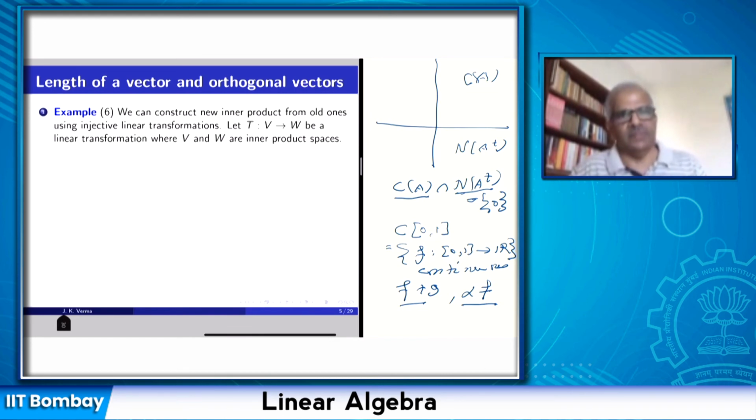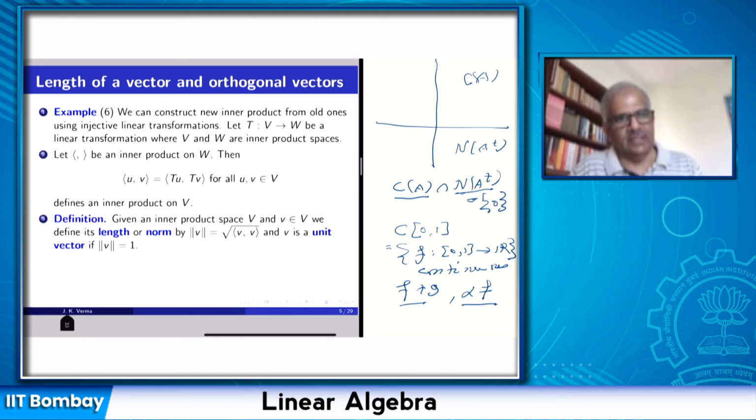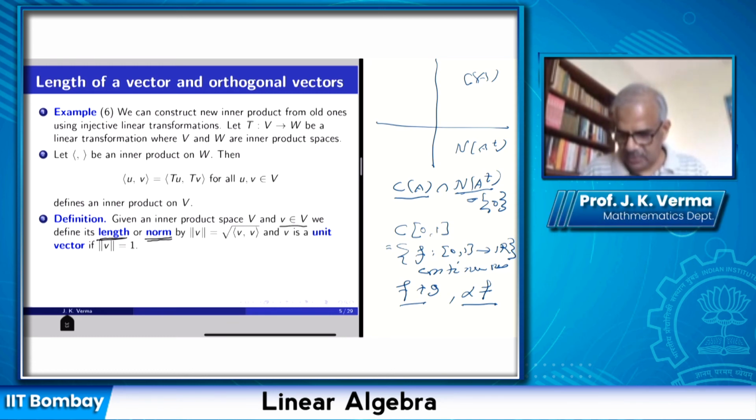So I'll skip this part. You can read this. Given an inner product space V, take a vector in V, we define its length or norm. Norm is also used, because length means the usual length. So when we have an abstract definition of length, we usually say norm of a vector.